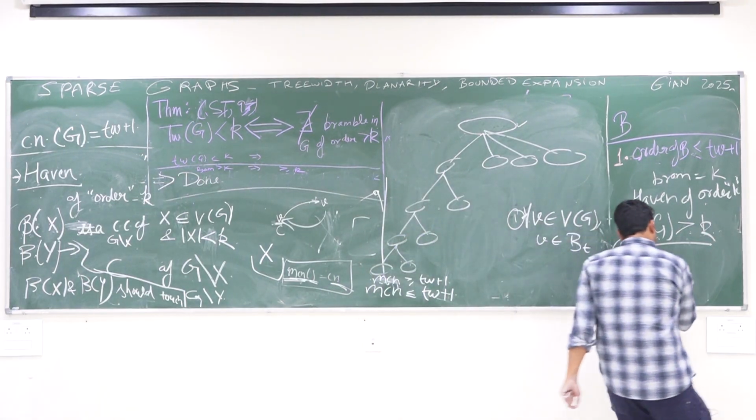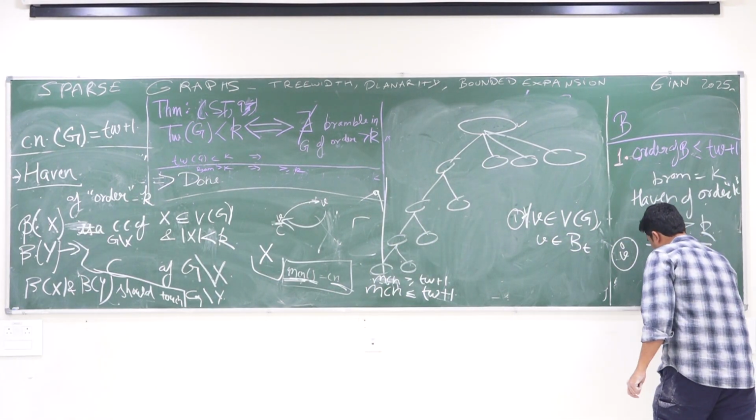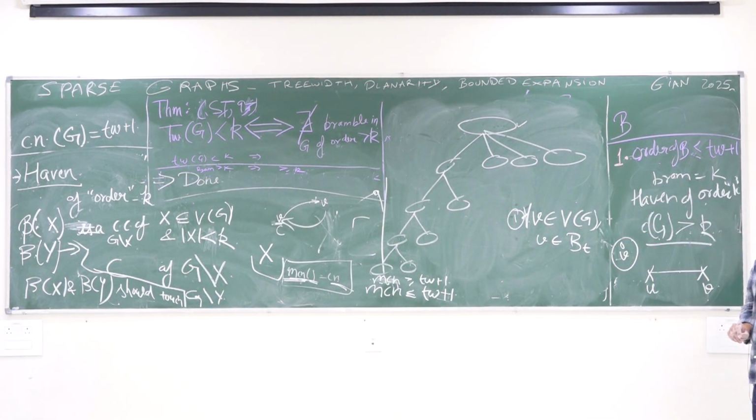Next, let's say I have an edge, U and V. If at no point in time I shoot at both of these vertices simultaneously, can I clear this edge? Because if I only shoot one at a time, my robber could be here. My robber can always stay on this edge.